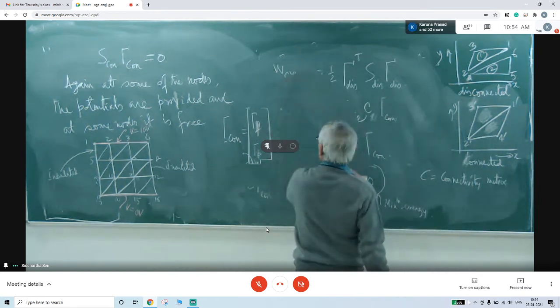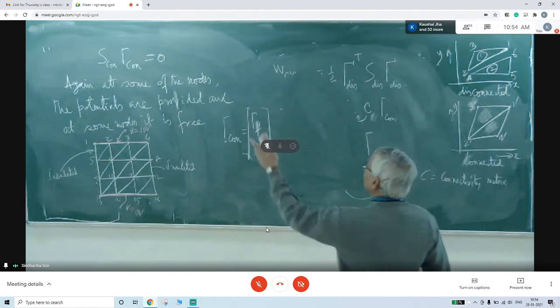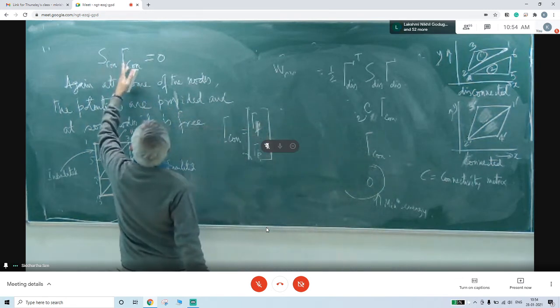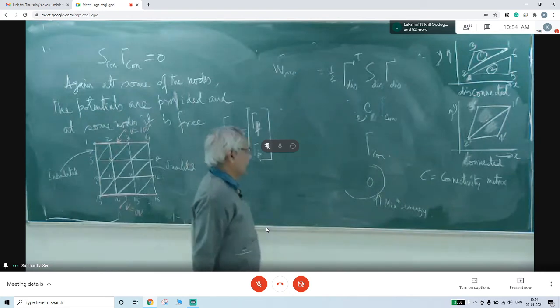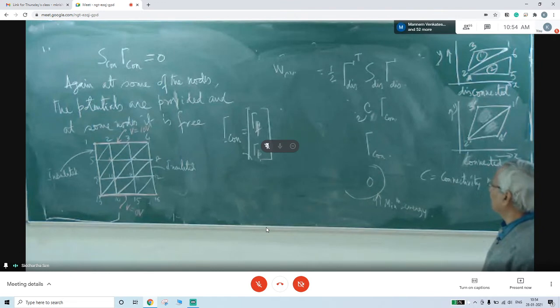We can break it into lambda free and lambda prescribed. We will further do a little bit of algebraic manipulation, and that will help us find the solution of the Laplace equation using the finite element method.